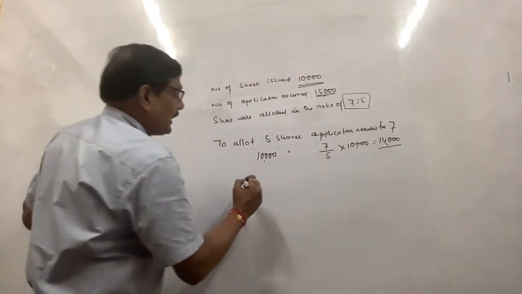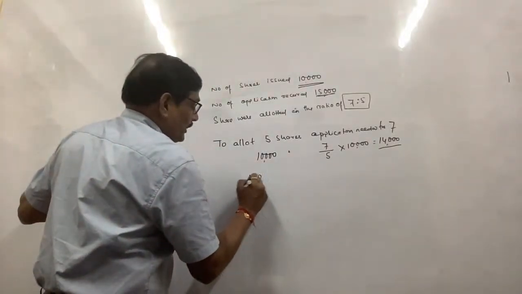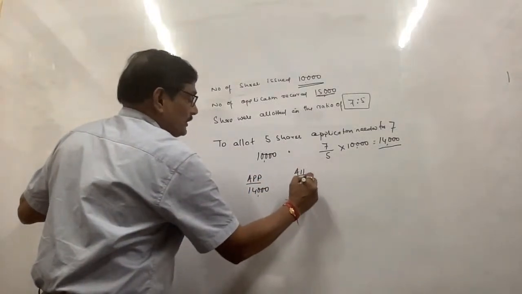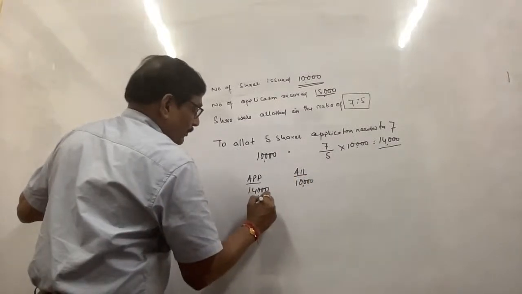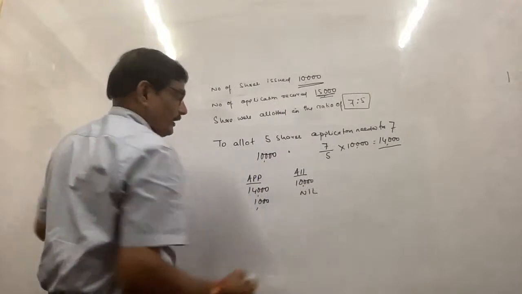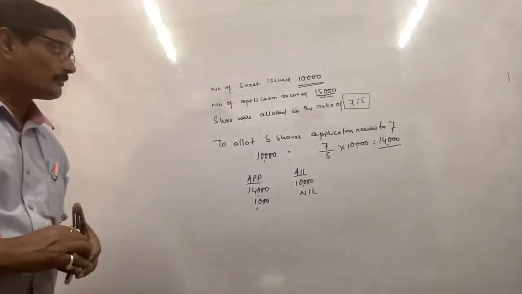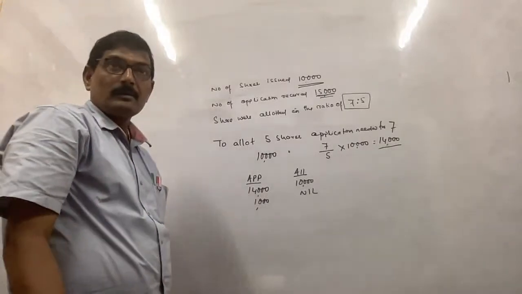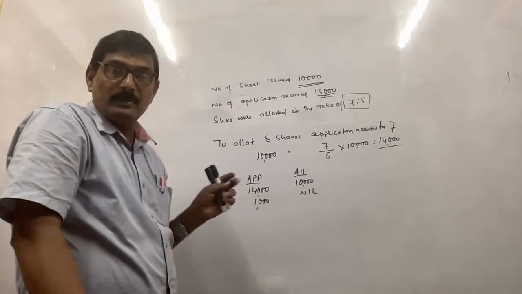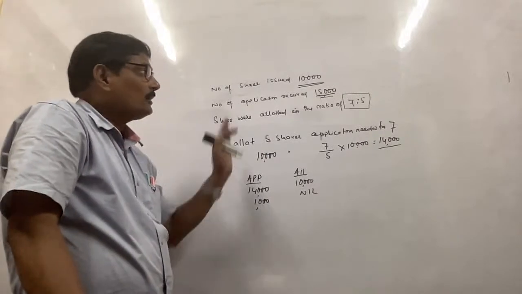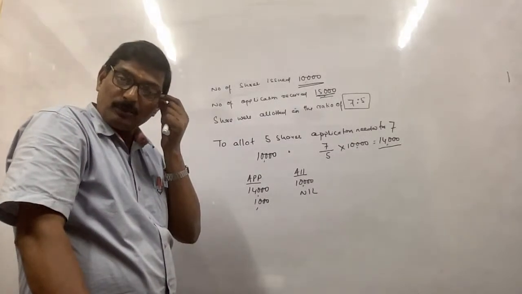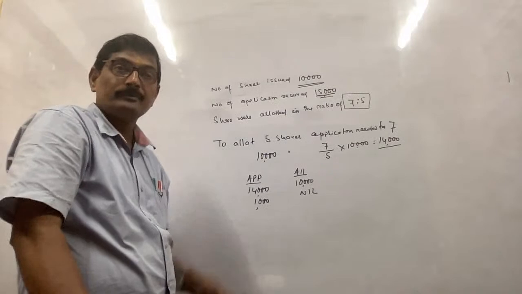Means now I can say applied 14,000, allotted 10,000, and applied 1,000, that is out of 15, allotted nil. Or sometimes in the questions it will be directly given how it has been allotted. This is a calculation of allotments, how the shares are allotted in case of pro rata allotment or proportional allotment.